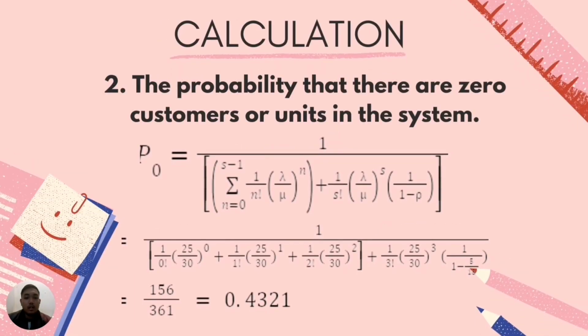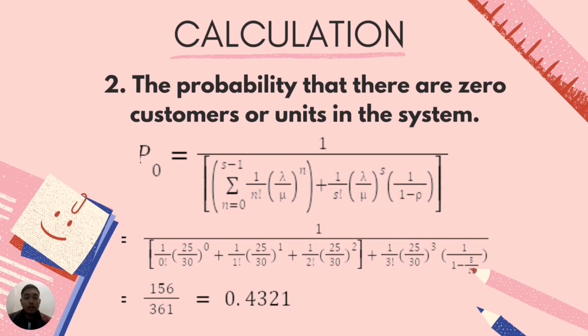For the second calculation, we need to determine the probability that there are 0 customers or units in the system. The formula is 1 over the summation of 1 over n factorial times lambda over mu to the power of n, plus 1 over s factorial times lambda over mu to the power of s times 1 over 1 minus rho.